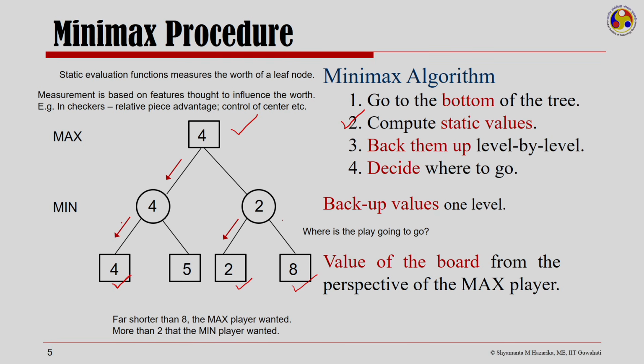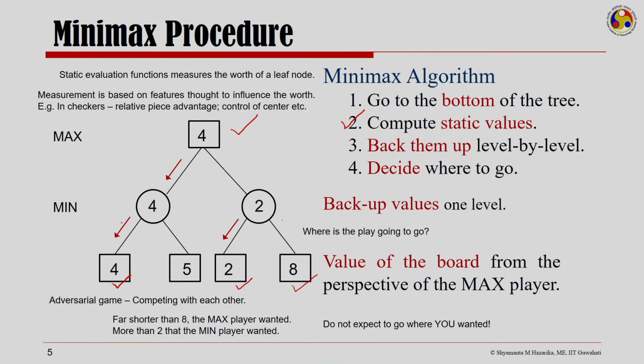Now, this is because these are adversarial games. Min and Max are competing against each other, and you do not expect to go where you wanted, because the competitor is always trying to stop you from going there. And that is why we arrived at 4, which was far shorter than 8 and more than 2, what the Min player would have wanted.